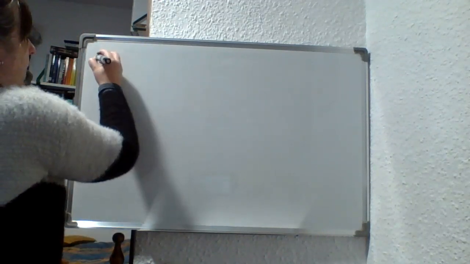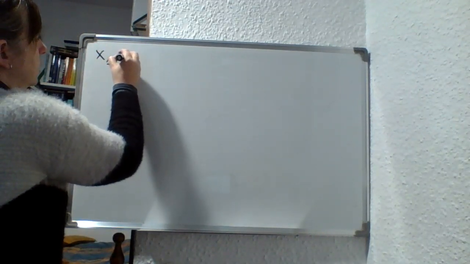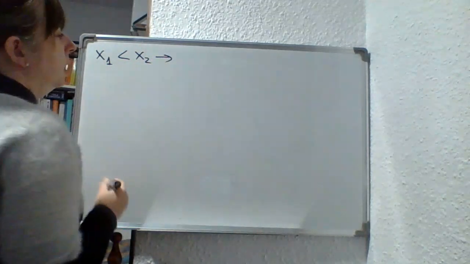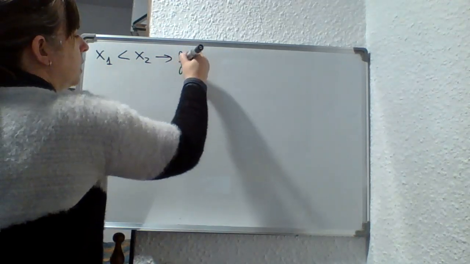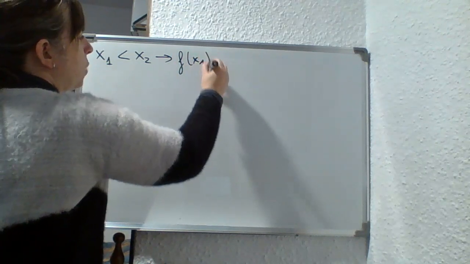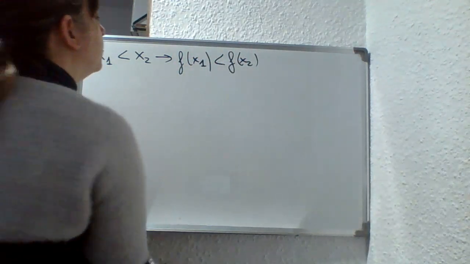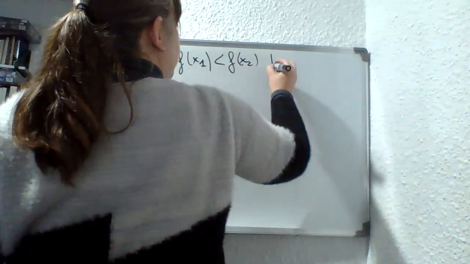I told you, if I have x1 lower than x2 and the value of the function in x1 is smaller than the value of the function in x2, it is an increasing function.